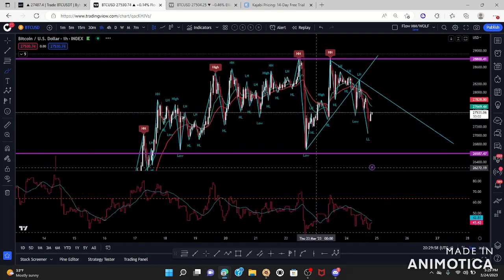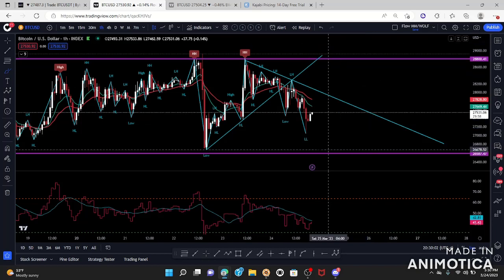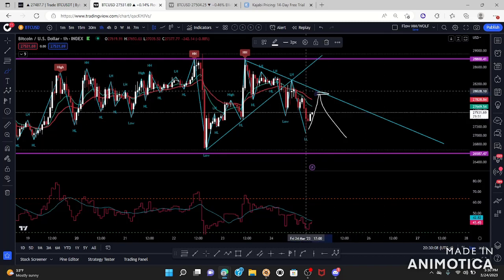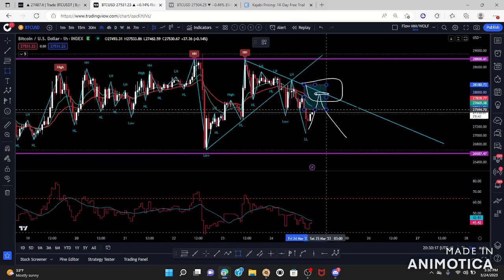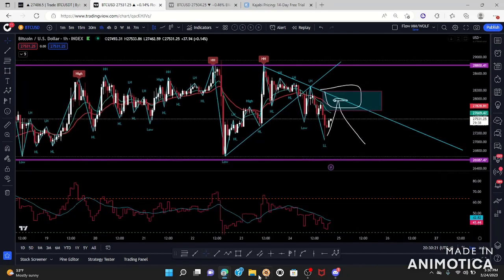So be careful if you're not in a short already. Just wait, because it could give us a retrace all the way to this point here, to this trend line, and create that lower high. This is where you want to set a zone, a box, and consider taking another short as the market continues to the downside.